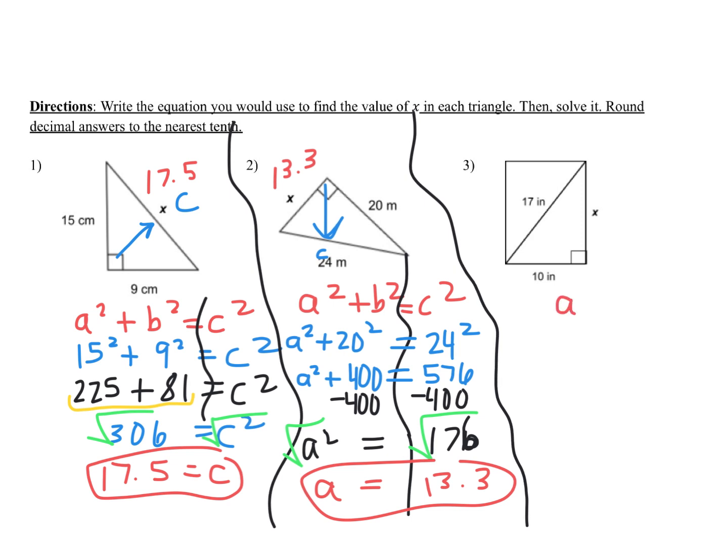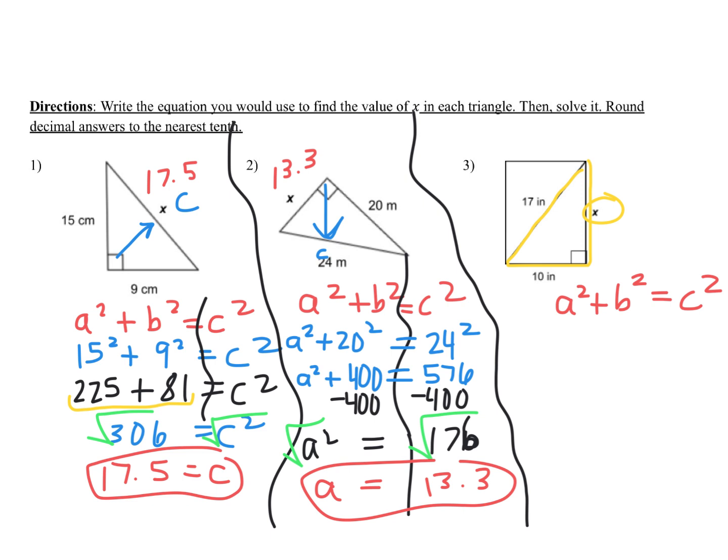And our last one, it looks like a rectangle that is cut in half with a diagonal. So if I just focus on the one right angle, I should be able to find this leg. Looks like we have a missing leg here.